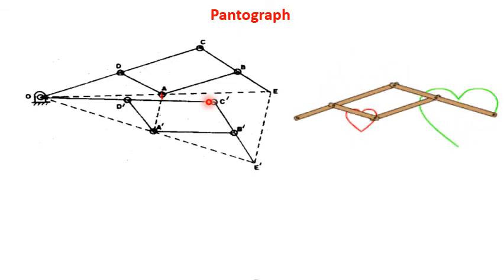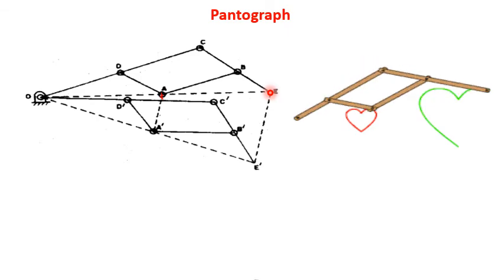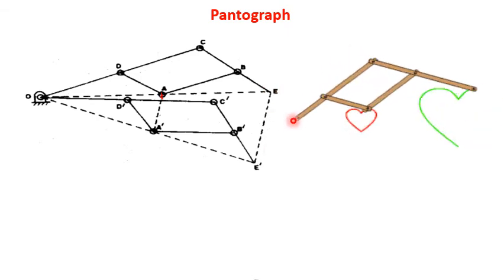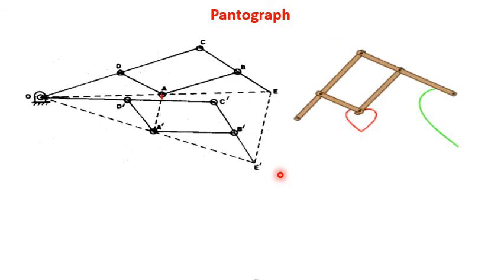When point A moves to A dash, then the point E moves to E dash, and O, A dash, E dash also lie on a straight line.